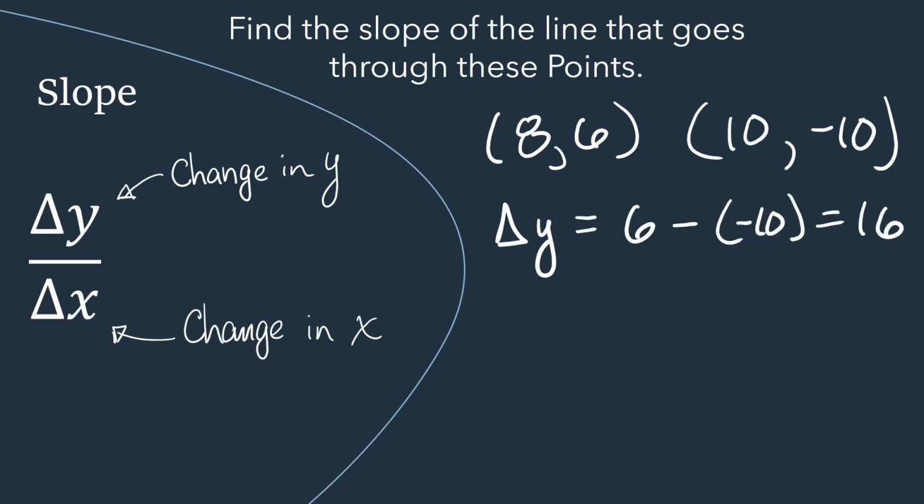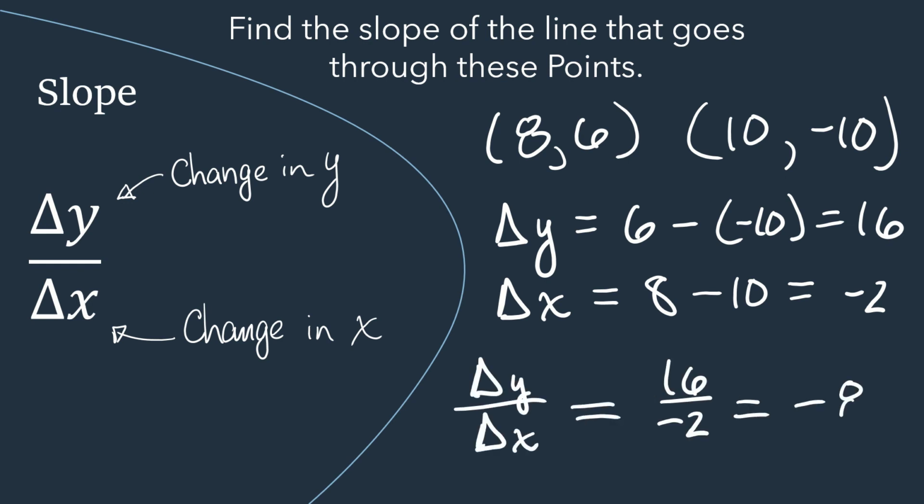And then for the change in x, I'm going to have 8 minus 10, which is negative 2. So my slope is going to be that ratio of 16 divided by negative 2, which is negative 8. So the slope that goes through these 2 points is negative 8.